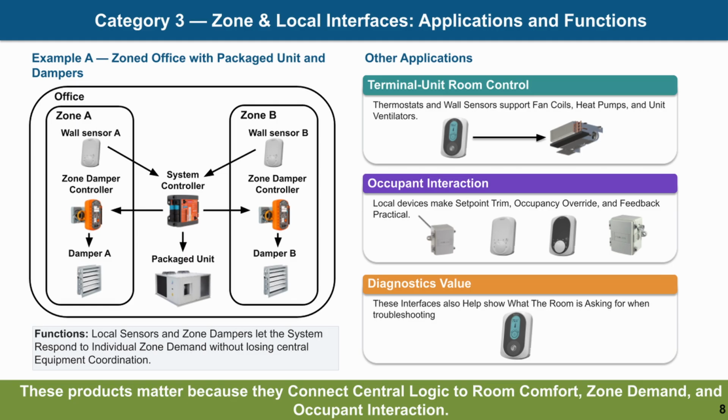These local interfaces also support occupant interaction through set point trim, occupancy override, and feedback. They can also be valuable during troubleshooting because they help show what the room is asking for. The key message is that zone and local interfaces make the broader control strategy responsive to actual room conditions.